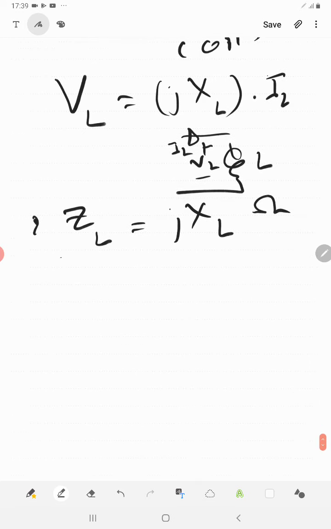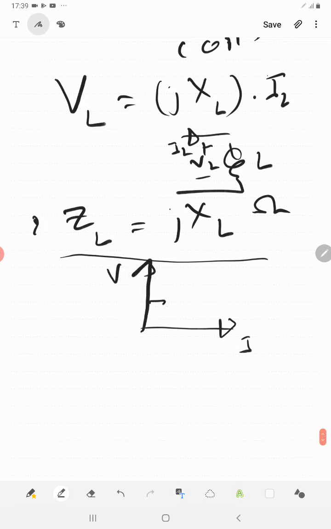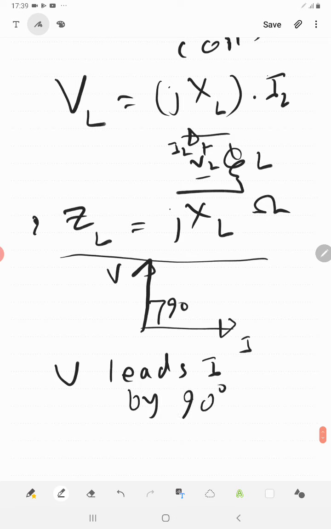Now, before going to the capacitor, we can sketch them. If this is I, this will be V, and we have 90 degrees. So V leads I by 90 degrees. So if we have an inductor, the voltage leads the current by 90 degrees, or the current lags the voltage by 90 degrees.